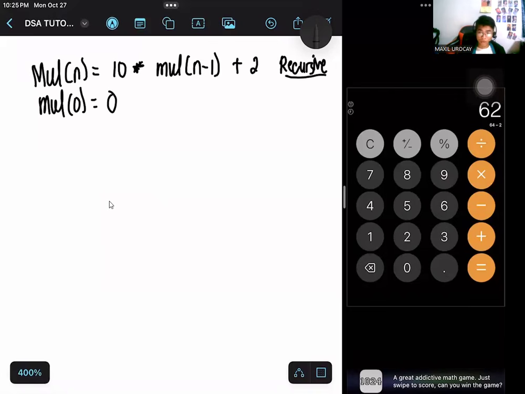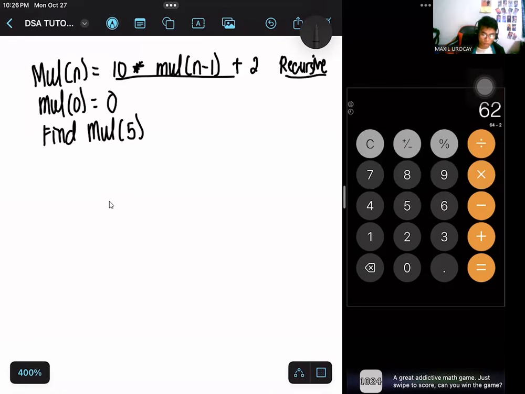So for example, we want to find the value of mul 5. How do we do it? This is the formula we'll use: 10 times mul of n minus 1.